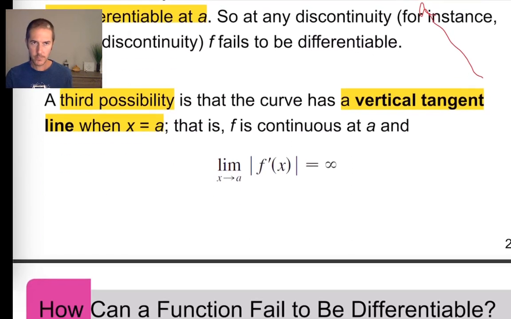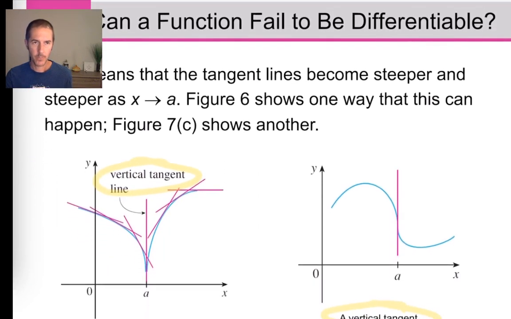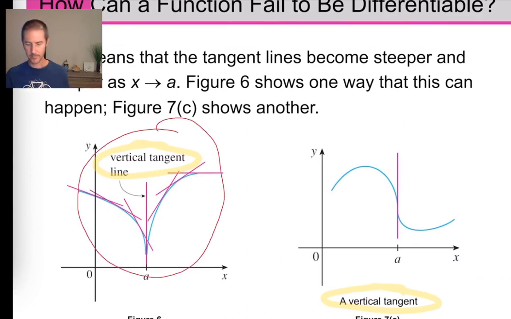Then your function is also considered to not be differentiable at that point. So here we have a vertical tangent line. That's one way that a vertical tangent line might manifest. That's less common than seeing something like this. So even though there is a tangent line, even though the function is defined at that point, it's not differentiable.